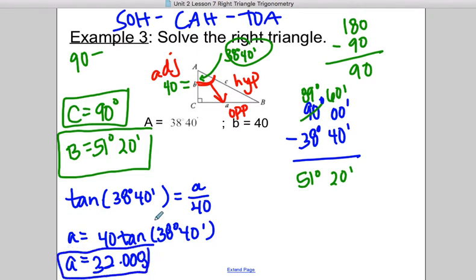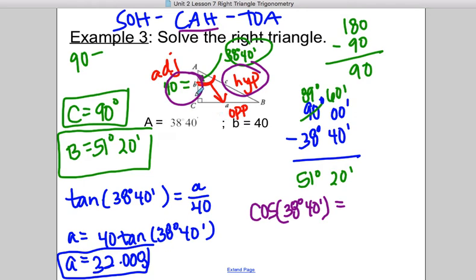Now I have side A and side B, and I need to find side C. I would have my hypotenuse and my adjacent. So cosine of the angle 38 degrees 40 minutes equals 40 over C. Like we said before, I would multiply both sides by C, and then divide by my cosine.